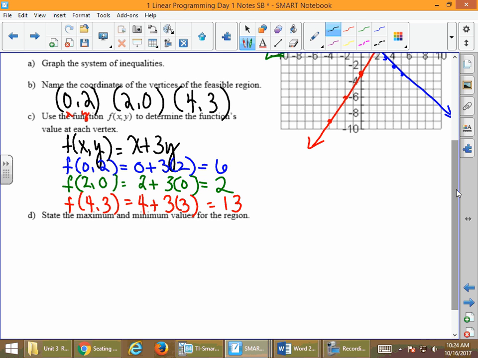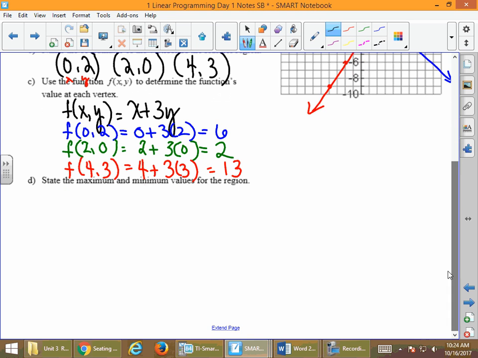Now that we've used our vertices to find those values, we want to identify what's our maximum and our minimum value. Well, maximum means the biggest value. So our maximum is the biggest value between 6 and 2 and 13, which is 13.